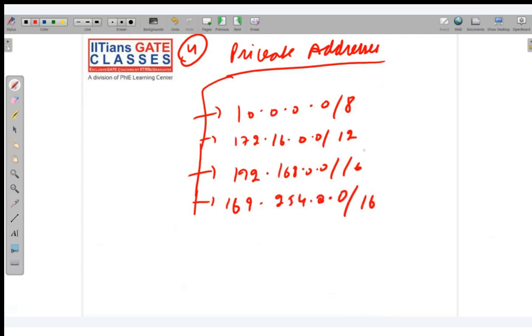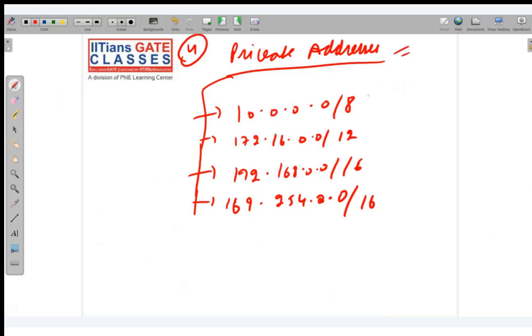These are four blocks of IP addresses which are known as private addresses. Private addresses means the internet cannot recognize these IP addresses. Internet routers will not recognize them.